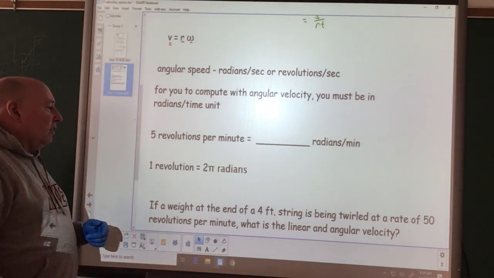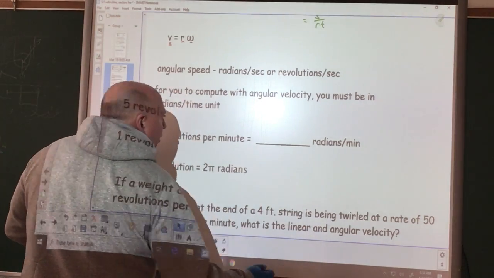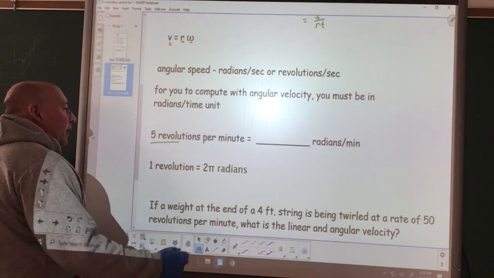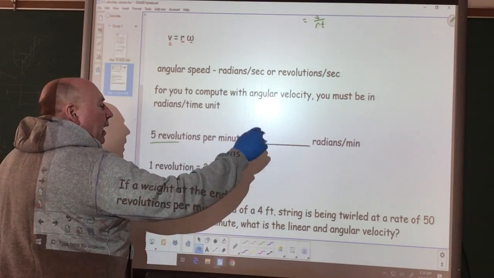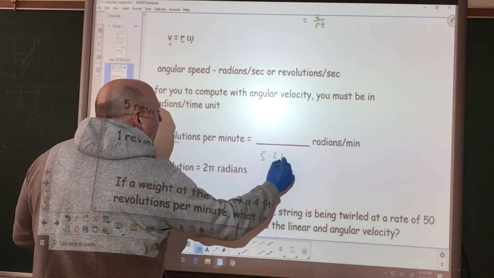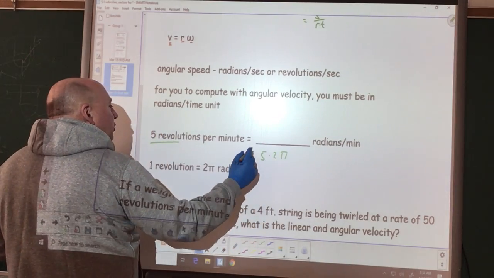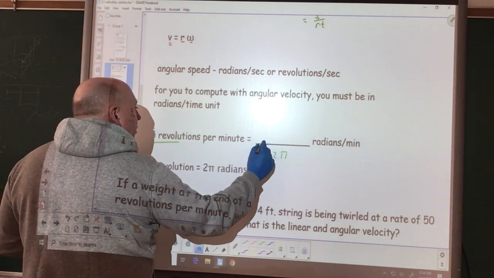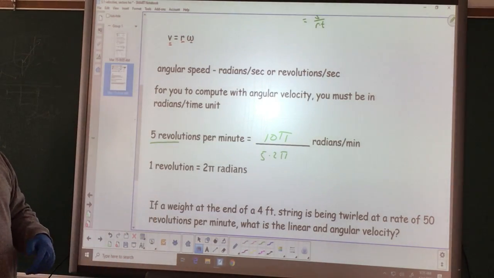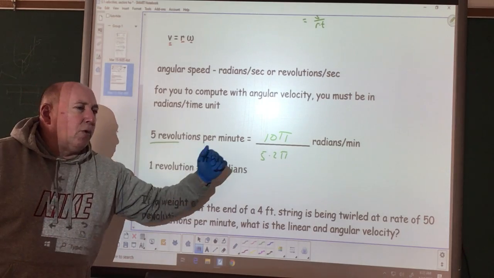Each revolution is 2 pi radians, so I take 5 times 2 pi, which turns into 10 pi radians per minute.